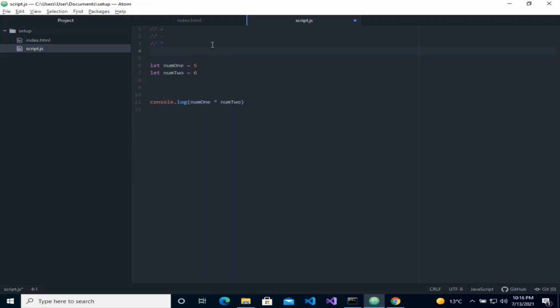We have the divide operator, which is specified by a /. I'm just going to put these in parentheses just for clarification.